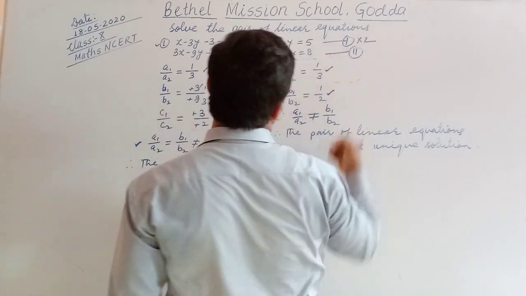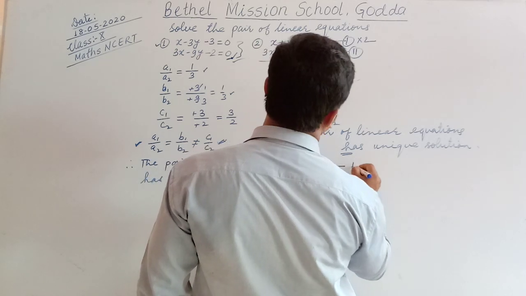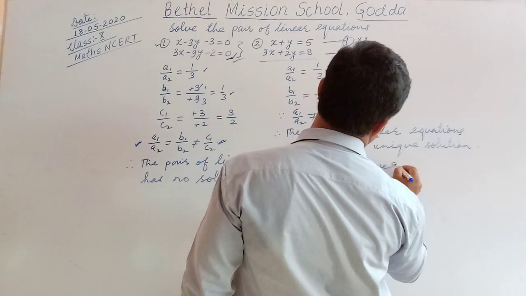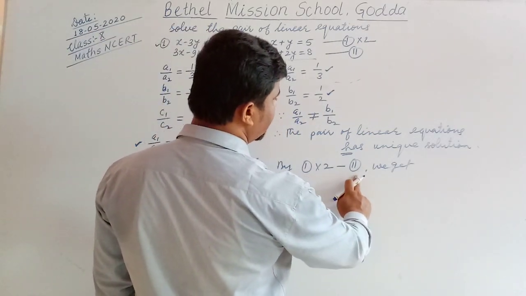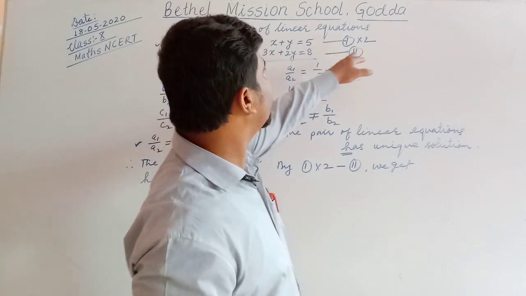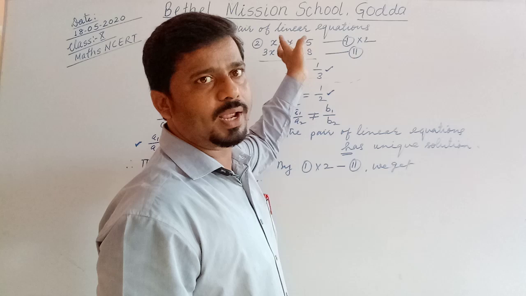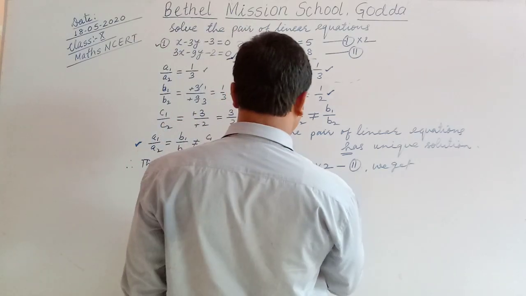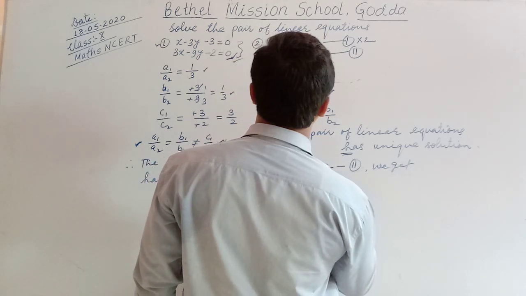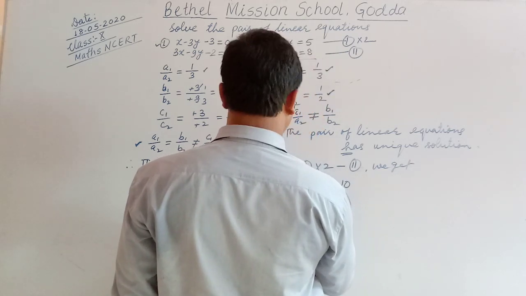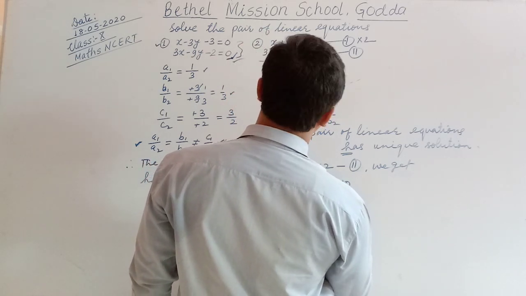So we will multiply equation 1 by 2, and then we get 2y, and here there is already 2y, so we can eliminate 2y. So 2x plus 2y equal to 10, and 3x plus 2y equal to 8.